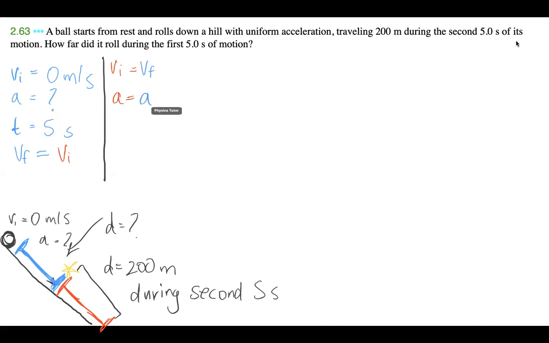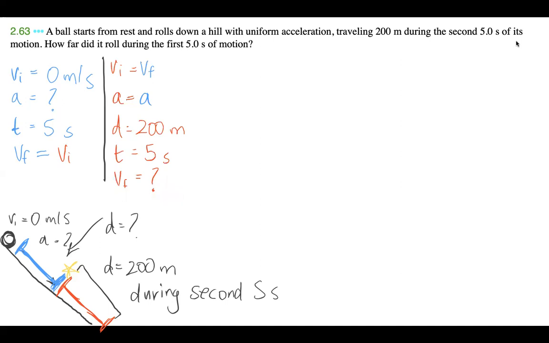We know that our distance is 200 meters. We know that our time is 5 seconds. And what are we missing? Our Vf, we don't know what our Vf is. And I would argue, well, we have to find out if that even matters.